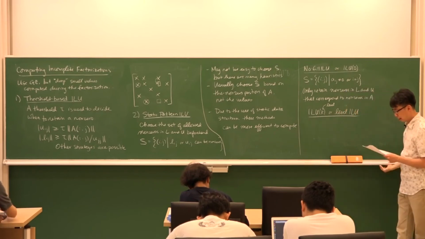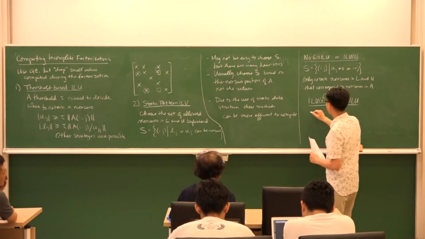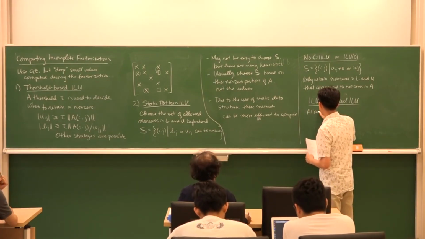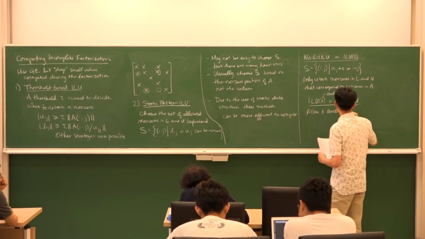This is a little bit hard to explain, but let me try to explain it this way. So we're going to allow K levels of fill-in.